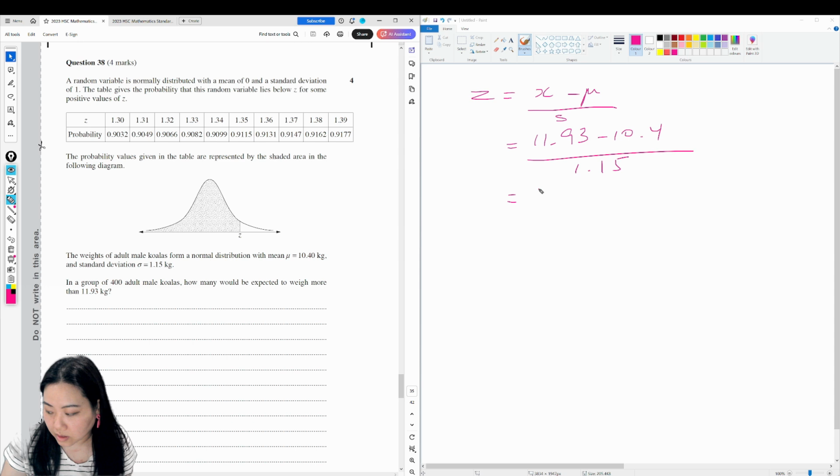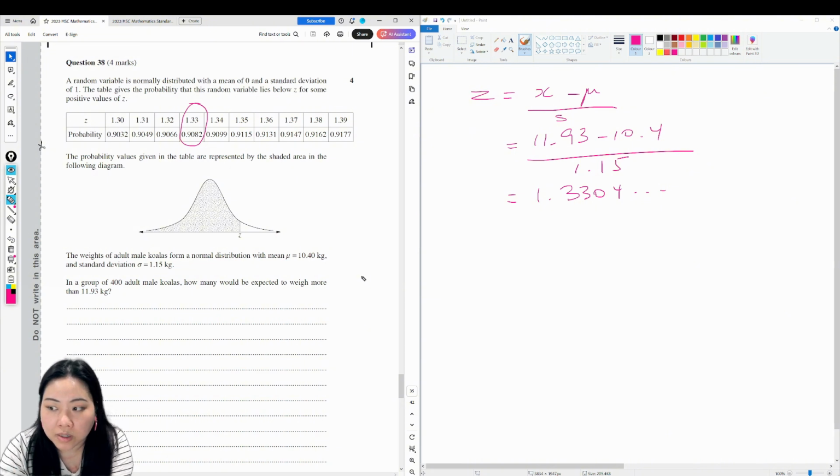When you do that, that gives 1.3304... Then we look at the table and we see that this is the closest one that we have, the probability. That is the probability of the koalas that will weigh 11.93 kilograms or less. There's a 91% chance that male koalas are going to weigh 11.93 kilograms or less.